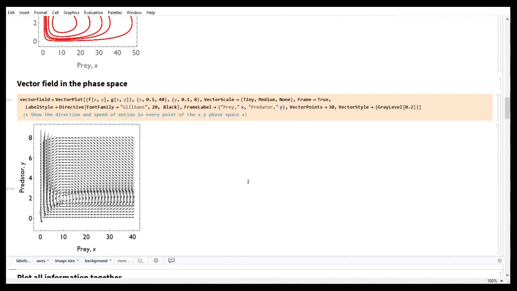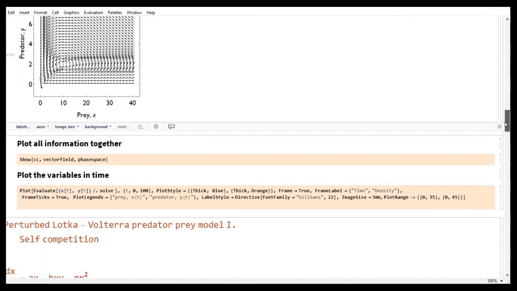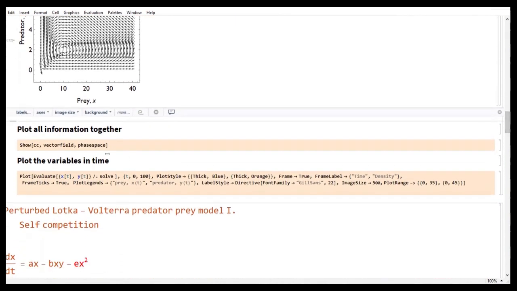Okay, so it can give a lot of information. If you have, for example, a much more complicated model, then the vector field analysis can help a lot. And now we can visualize all things together. So we use the show command with the fixed points and zero clines and the vector field and the phase space.